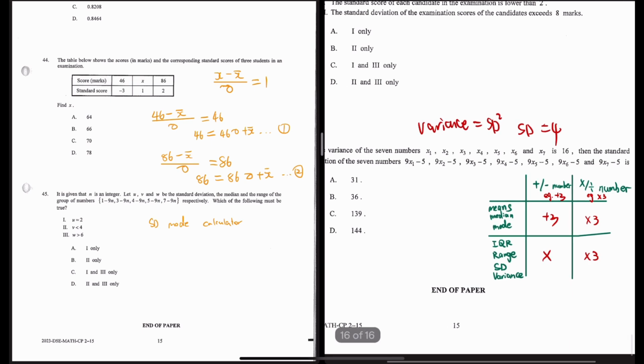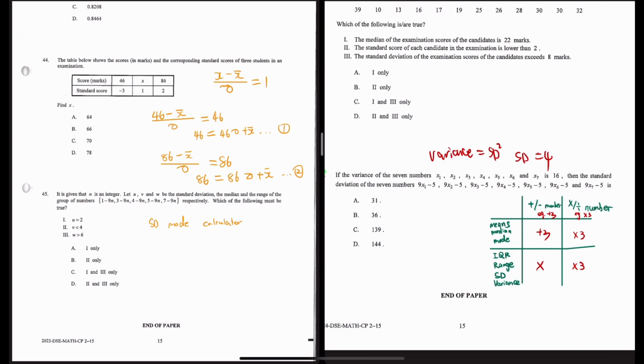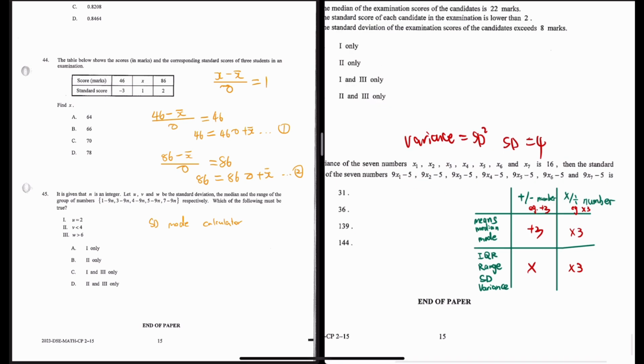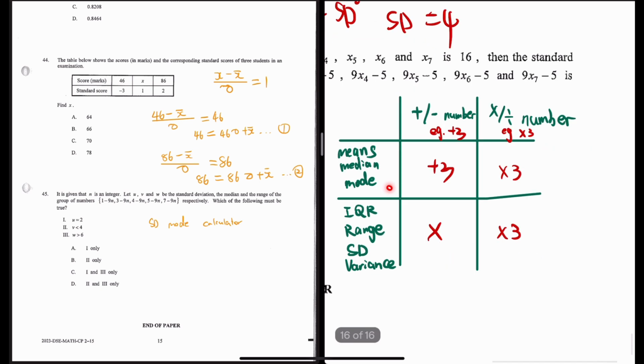Now the SD of the 7 numbers, they times 9 and then minus 5. Remember this one. For mean, mode, median, if you add or subtract a number, it will follow. If you add 3, it will add 3. But for SD, it won't follow.